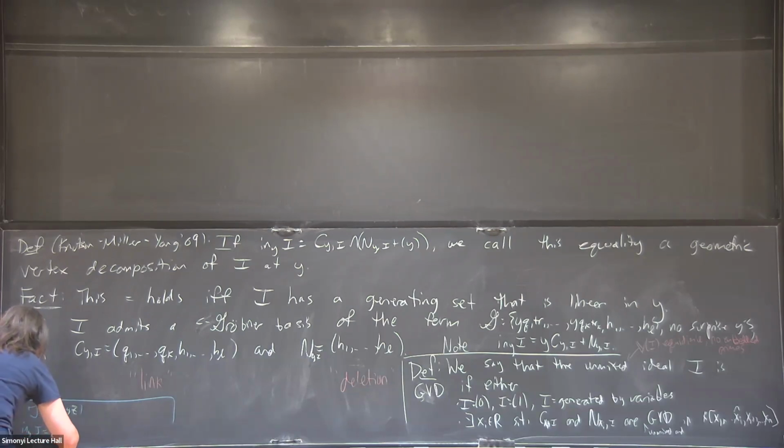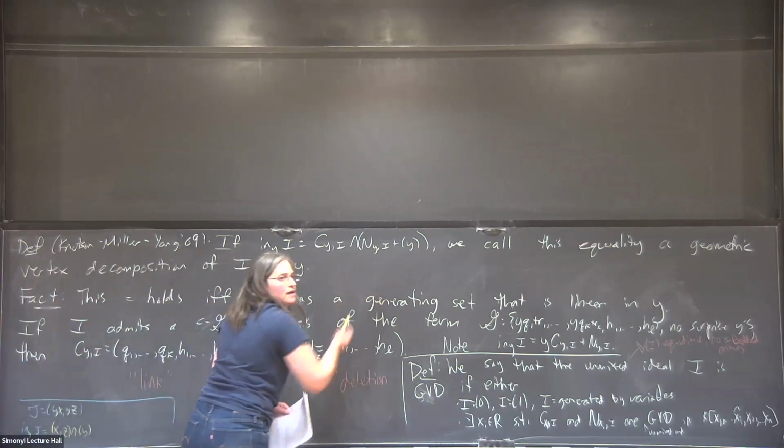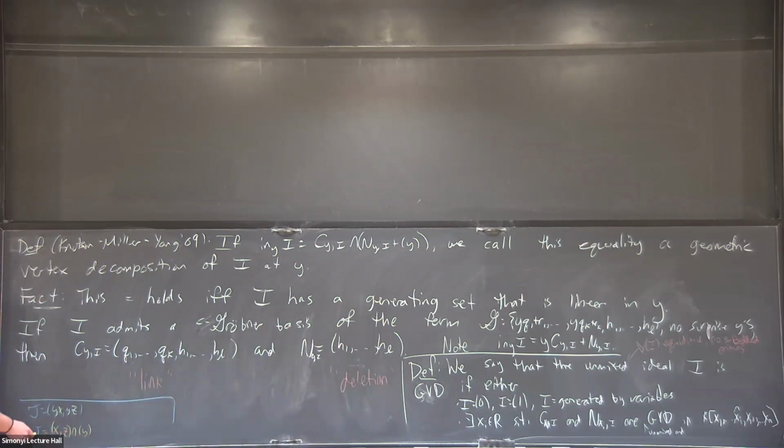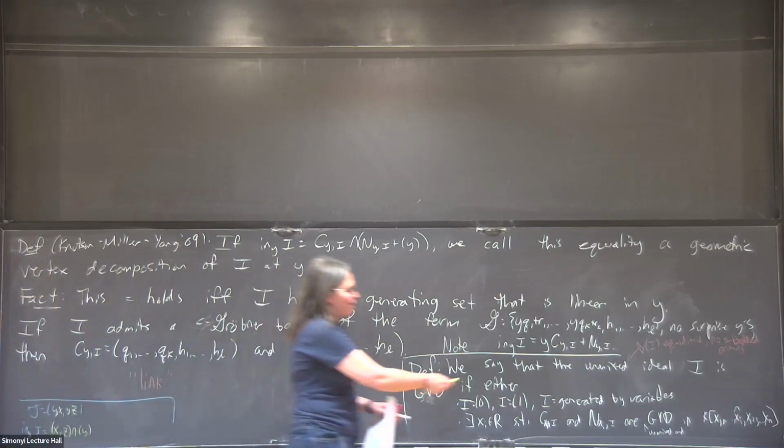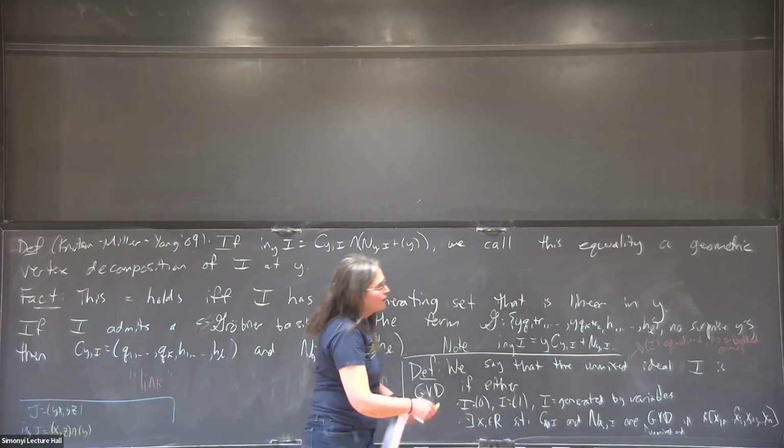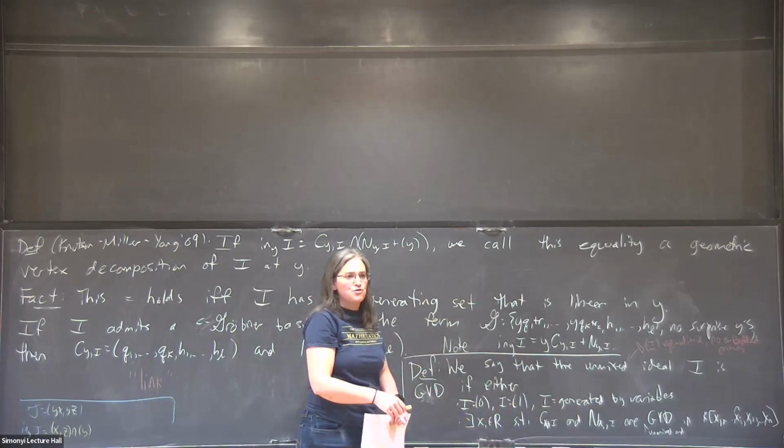And it breaks up as XZ is the link. And there's nothing in the deletion, and so we just get this Y that's the plus Y. So here it is having a prime of height 2 and a prime of height 1. So just being able to get this equality is not saying anything about unmixedness. That's a real assumption that you have to make on the ideals you're considering for the following theorem to be true.